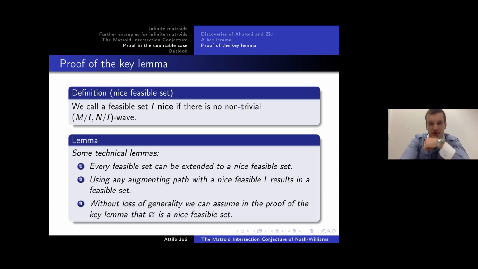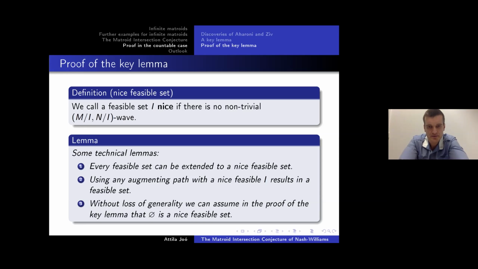The second technical lemma says that if we have a nice feasible set and we use the augmenting path method from the usual standard proof of the Edmonds matroid intersection theorem, then the resulting common independent set is still a feasible set.